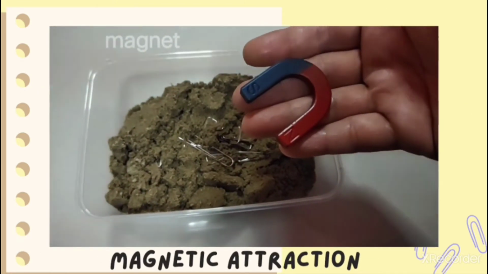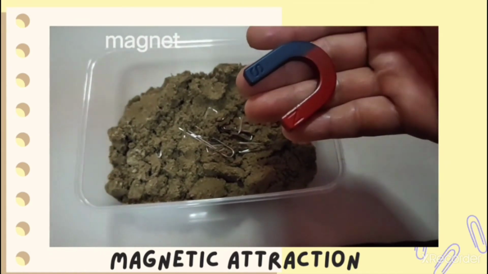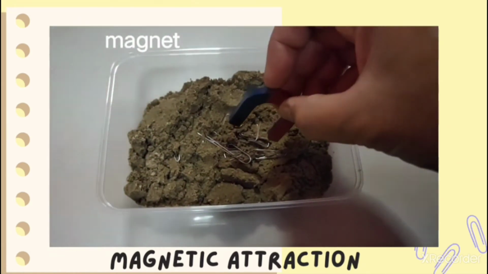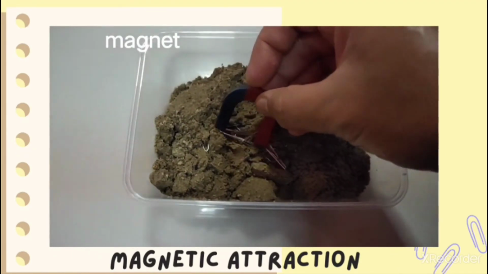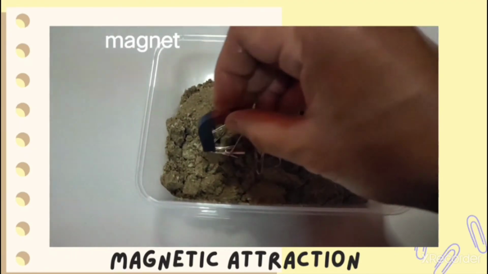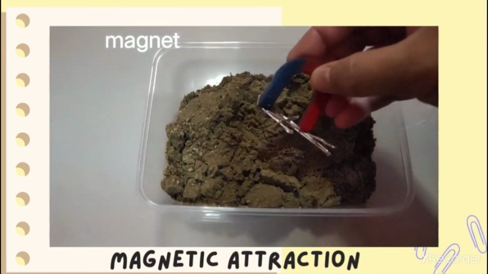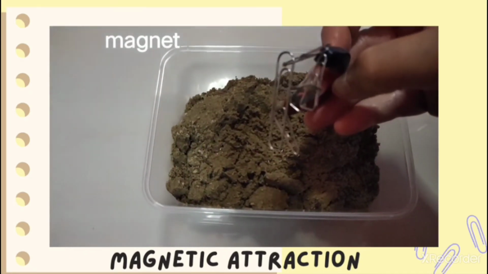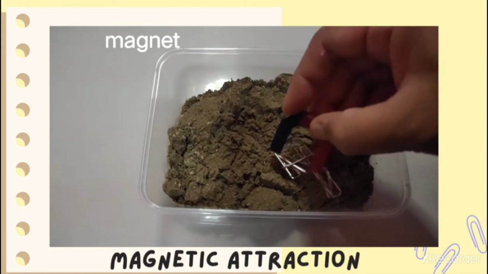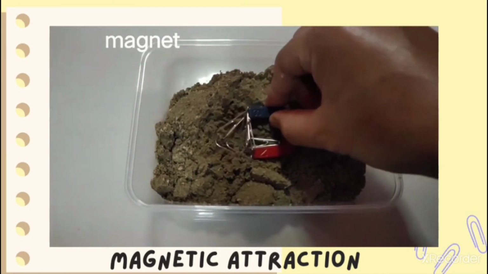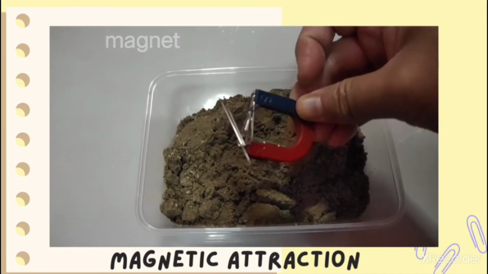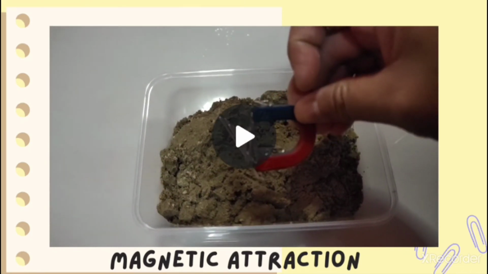Now let's look. How are we going to separate paper clips from the sand using a magnet? This is called the magnetic attraction method. Look, the paper clips are attracted to the magnet.